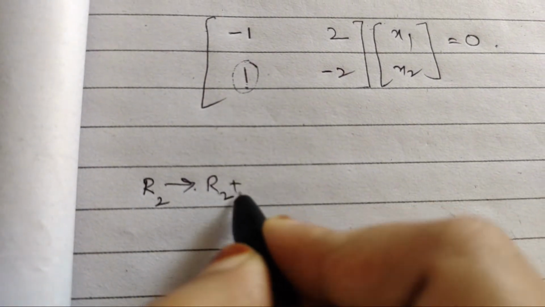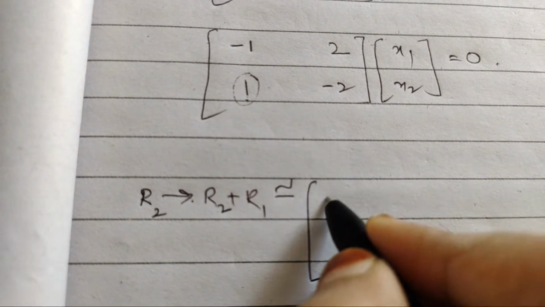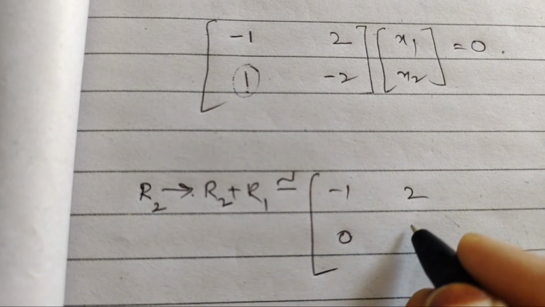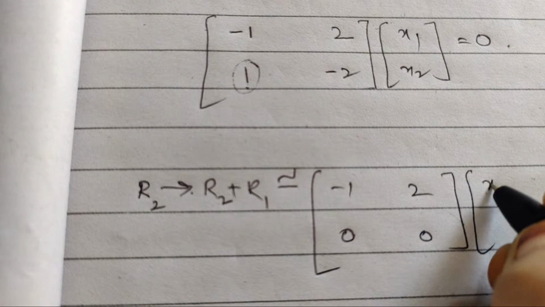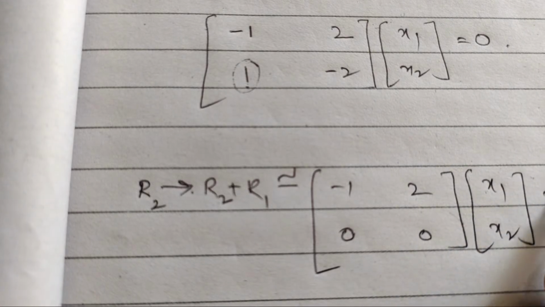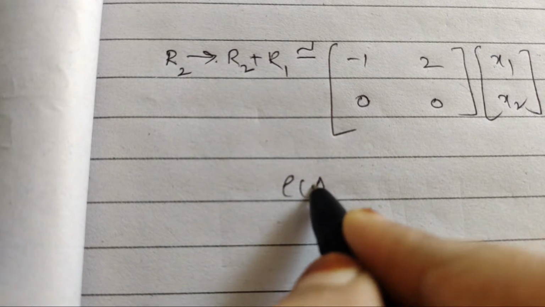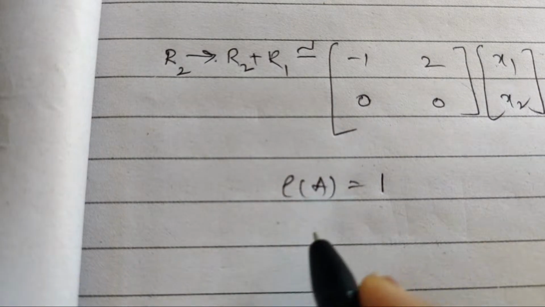So minus 1, 2, 1 plus 1 equals 0, minus 2 plus 2 equals 0, x1 x2 equals 0, where rank of A equals 1.